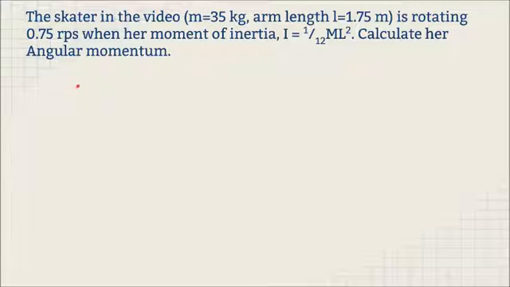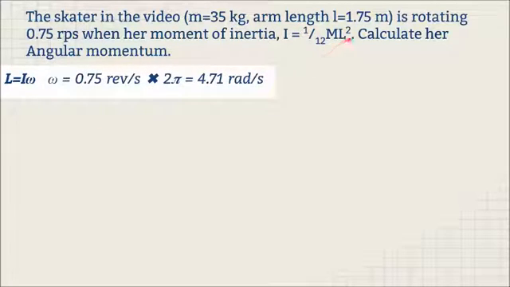We're going to calculate our angular momentum. Angular momentum, L, equals I omega. I is the 1/12 mL squared, but omega we have to calculate in radians per second. We take the revolutions per second. One revolution is 2 pi, so we take 0.75 times 2 pi, and that comes out to 4.71 radians per second.